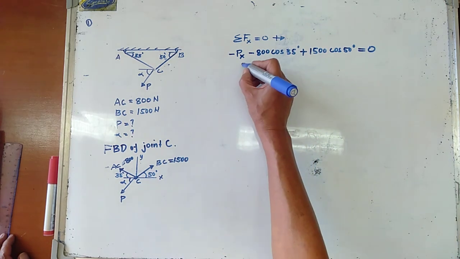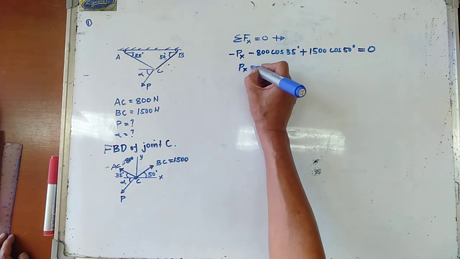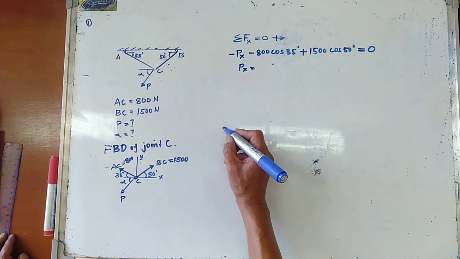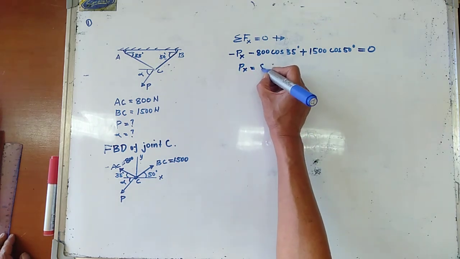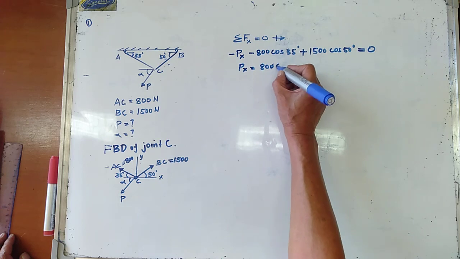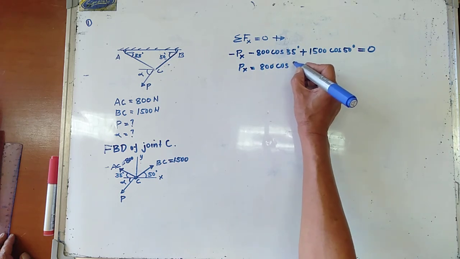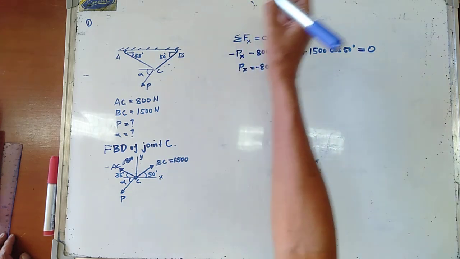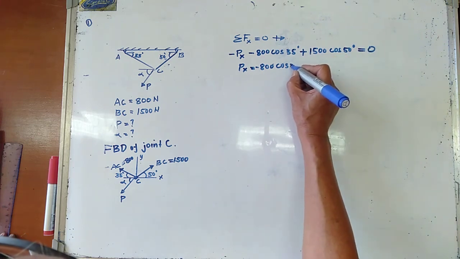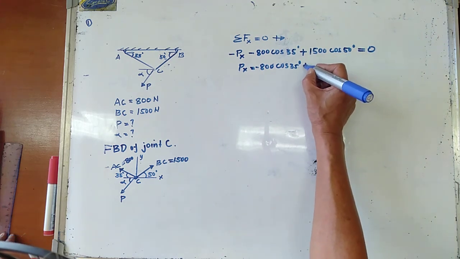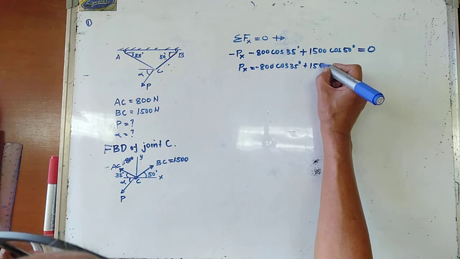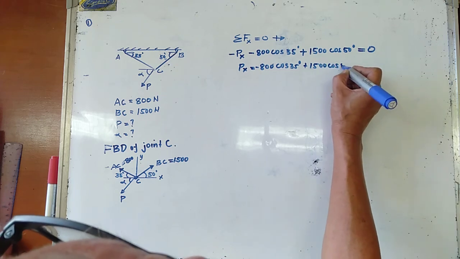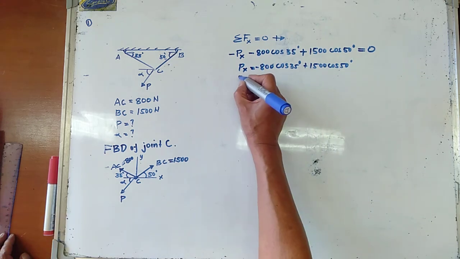Hence, your Px is equal to, transposing to the other side, 800 cosine of 35 degrees plus 1,500 cosine of 50 degrees.